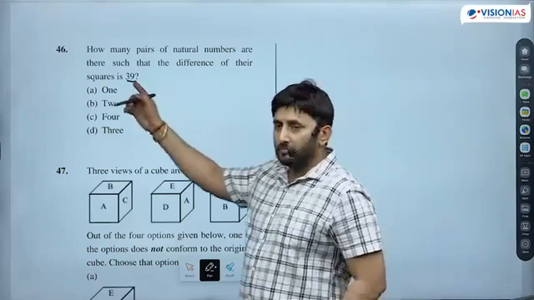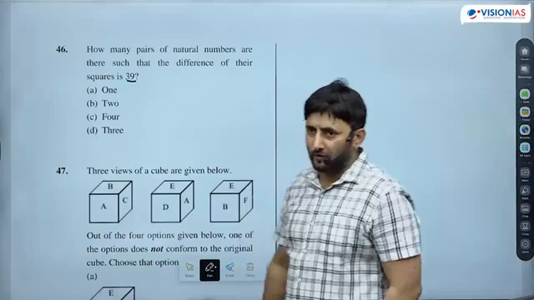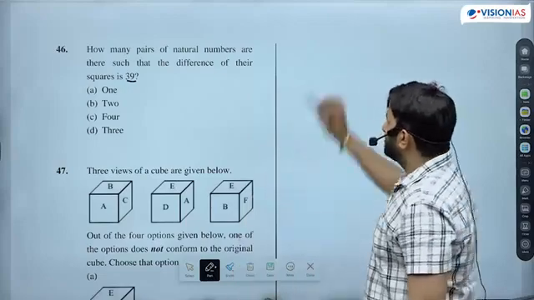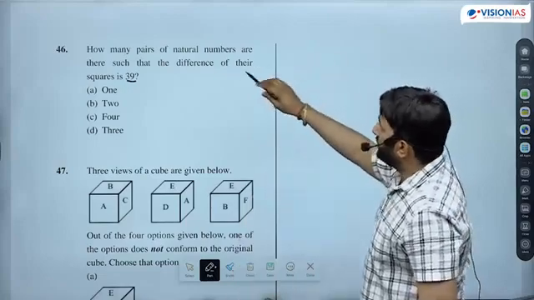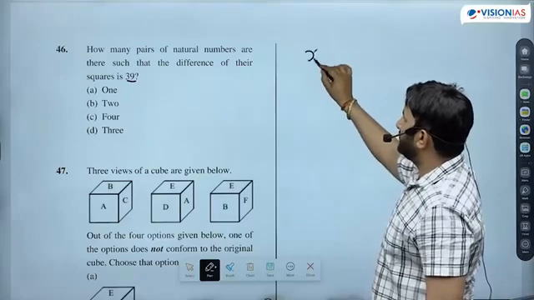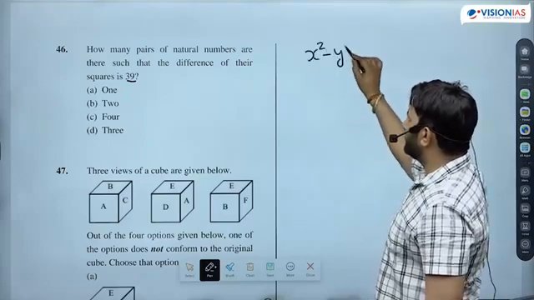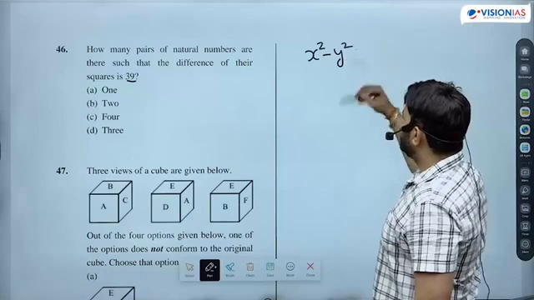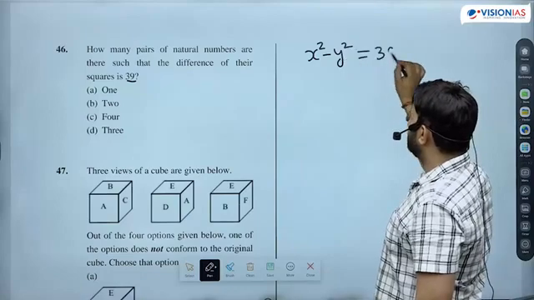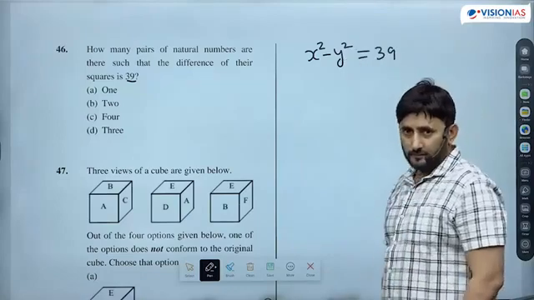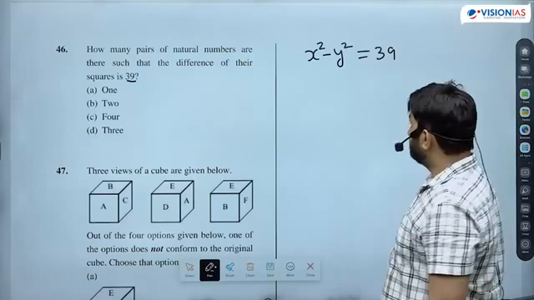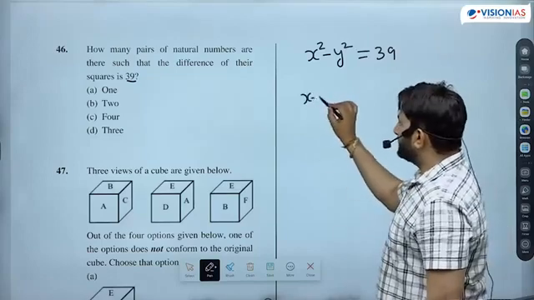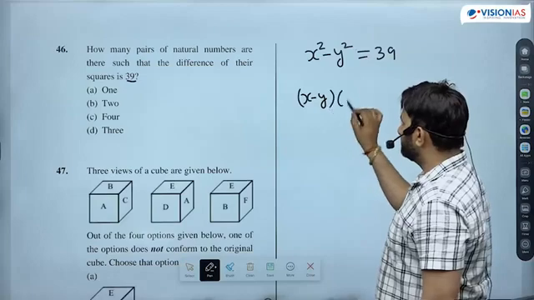Why so? Because let me consider x and y are the natural numbers, then we can say x square minus y square is equal to 39. Here, can I write this as x minus y into x plus y?